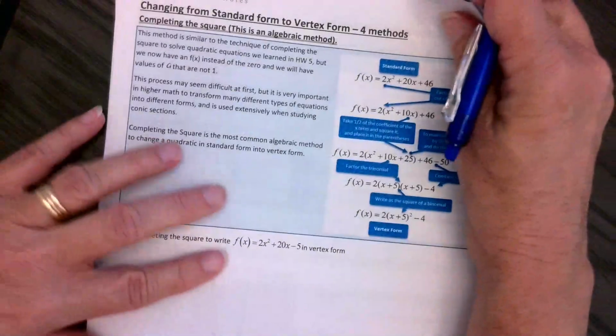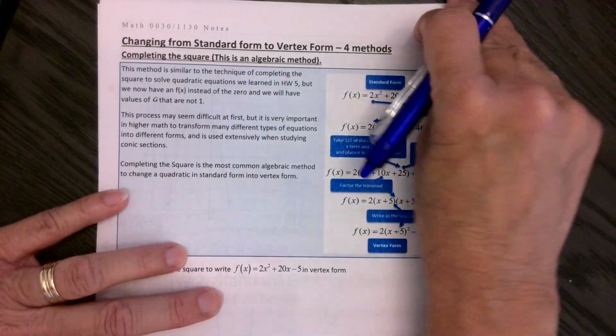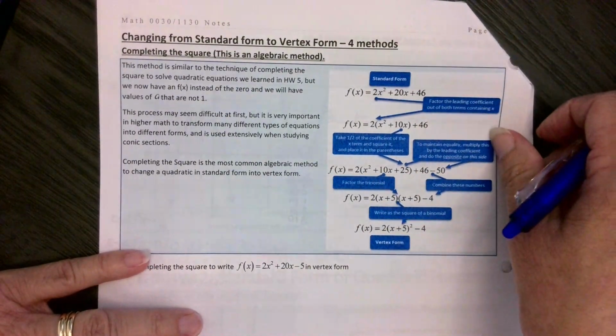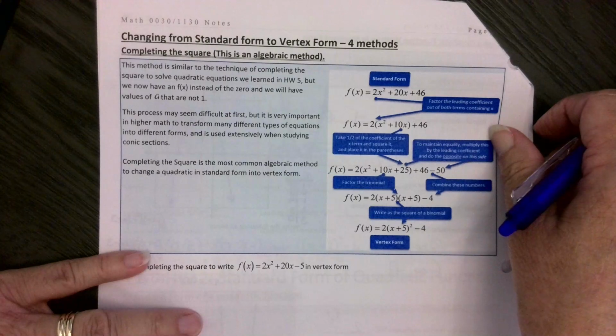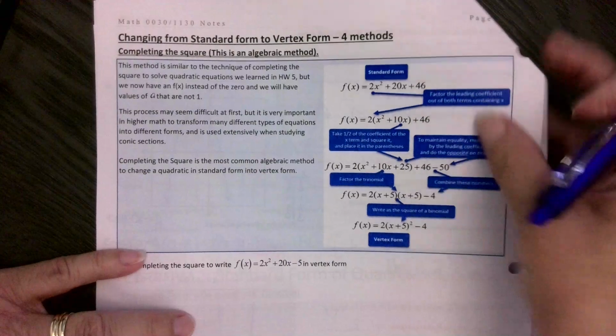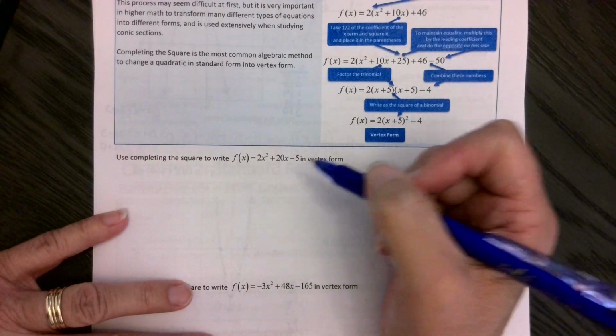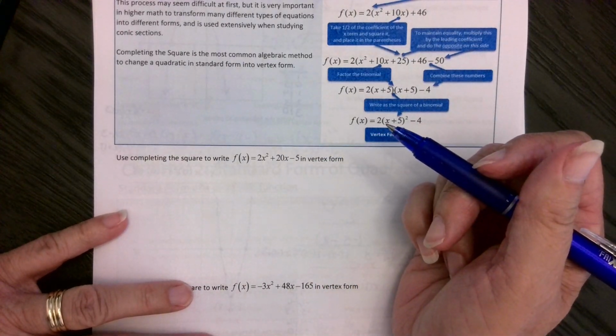Now we're going to take something from standard form, changing standard form to vertex form. And they have 4 methods. I don't know what the 4 method is, but I'll go with it. Oh, because we have to complete the square to write that in vertex form.